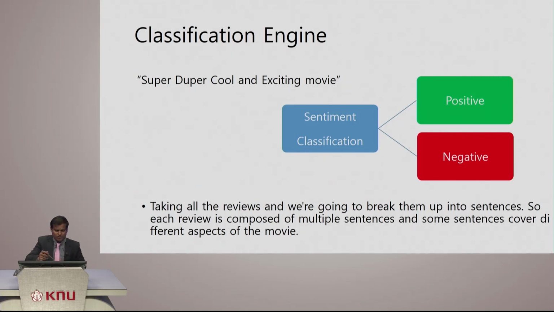For example, in "super duper cool, exciting movie", these words are definitely having positive thoughts. So this particular sentence, super duper cool and exciting movie, has a positive thought. That's a simple classification that we see here.